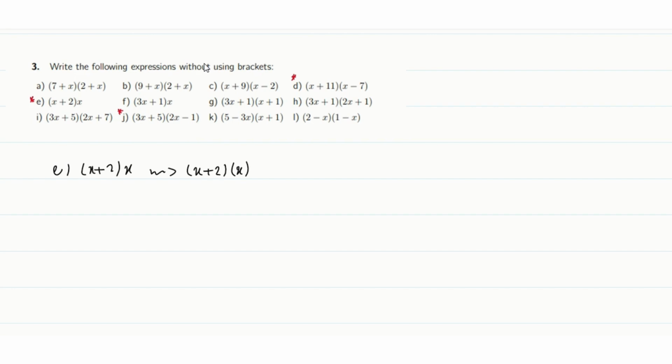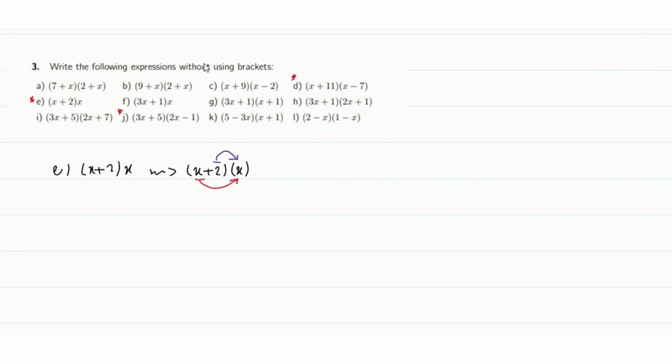As you remember from the previous questions, in order to expand this, we multiply each of the terms in each bracket by the terms in the second bracket. So we have one term in here that needs to be multiplied by this, and we have the other term in here that needs to be multiplied by this.